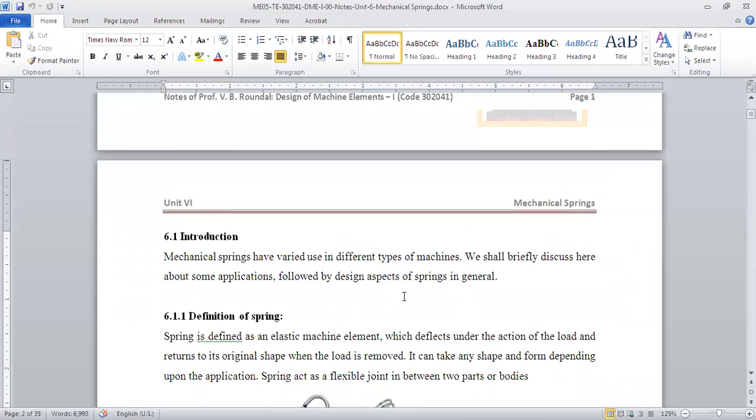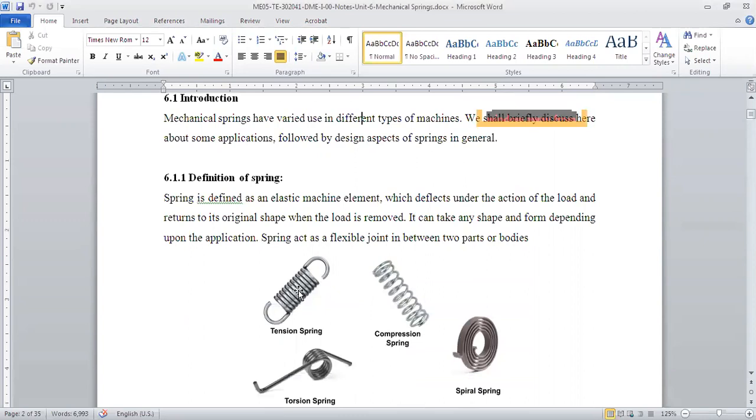The definition of the spring is that when we apply some force to it, it changes its shape, and when we remove the force, it goes back to its original position. So it is not necessary that it is always coiled. It can be of any shape, like a leaf spring of a truck, right?